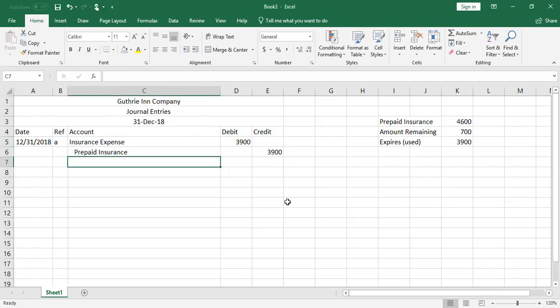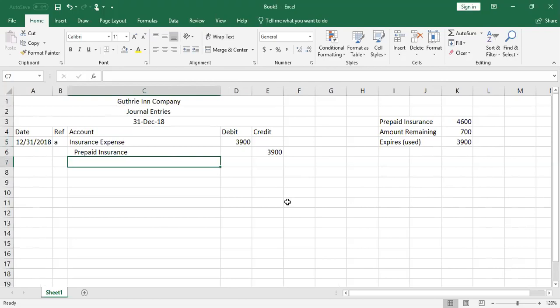Now, grab your T accounts, because just like any other journal entry like we did in chapter 2, we must post to the general ledger T accounts. So let's do that. Find your insurance expense T account. On the debit side, $3,900, and you could put your reference there. Then go to the prepaid insurance T account, which is an asset, right?